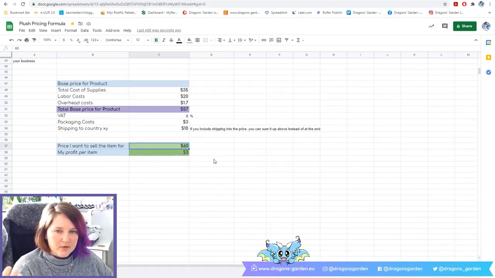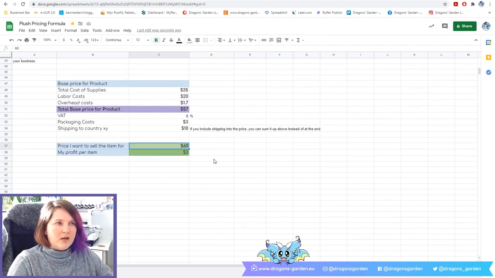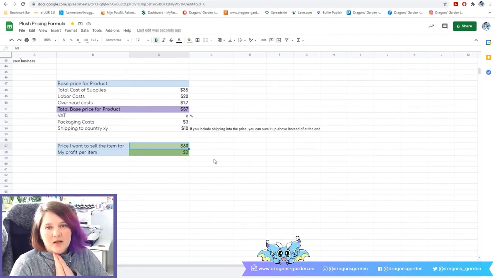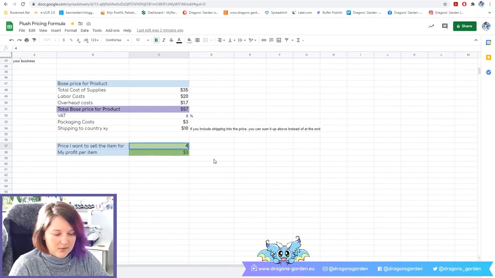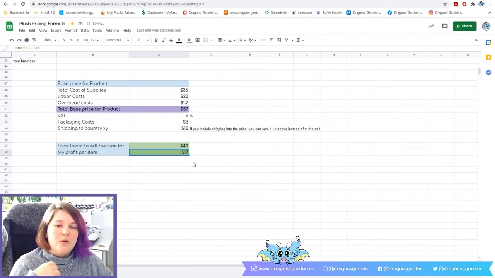I see a lot of artists saying, oh yeah, but the person XY is actually selling something for $40, so I'm going to sell mine for $40 as well. This means that you are making a loss per item of $17.